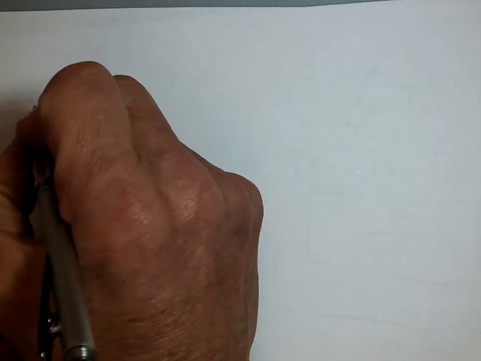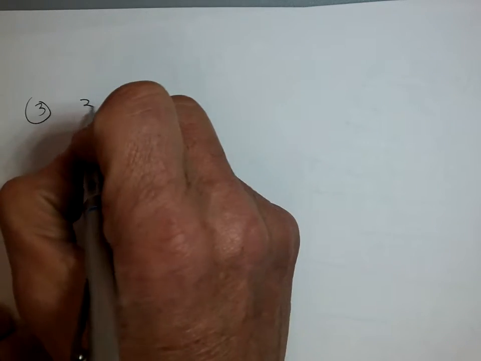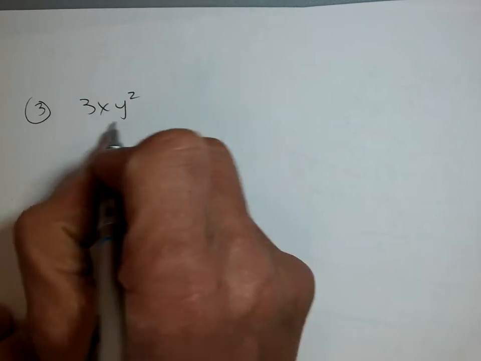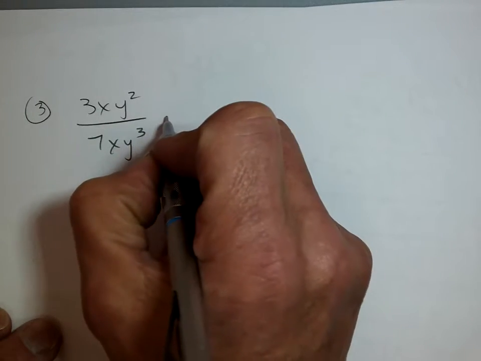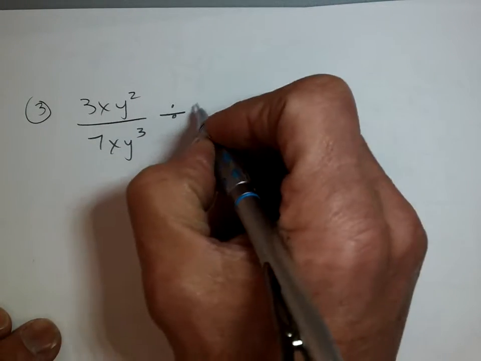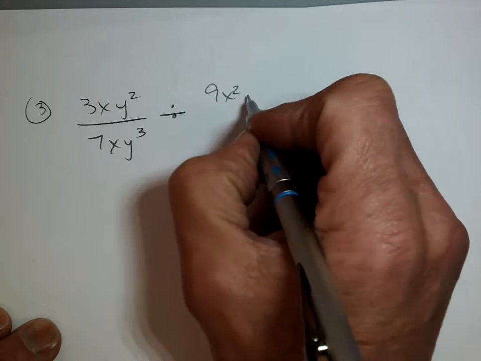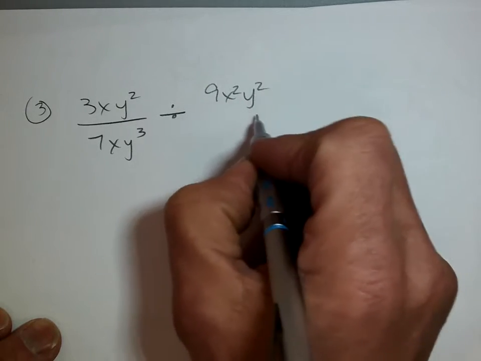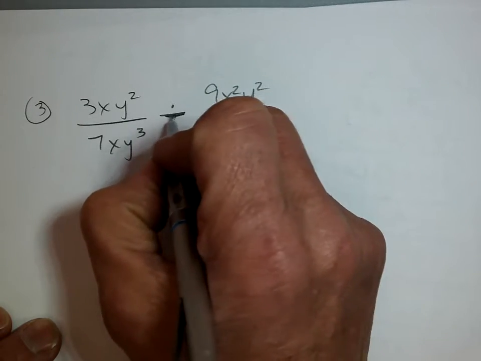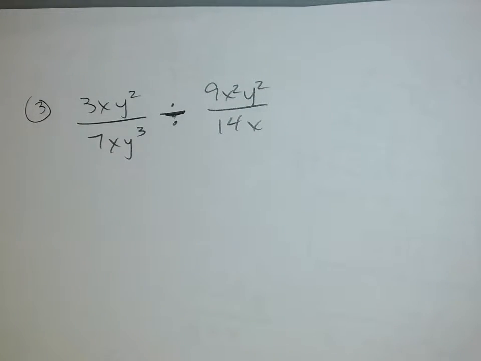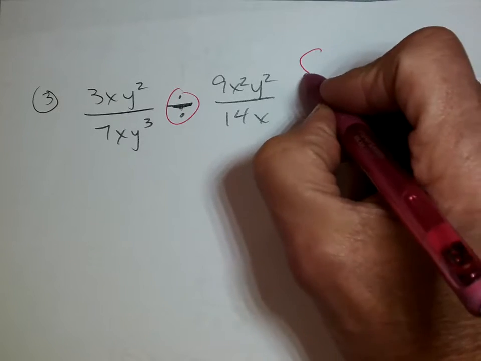Okay, number 3. I have 3xy squared over 7xy cubed divided by 9x squared y squared over 14x. So when I divide fractions, I need to flip.